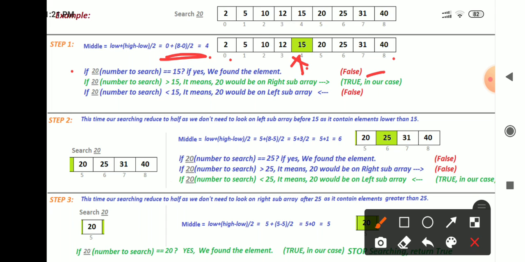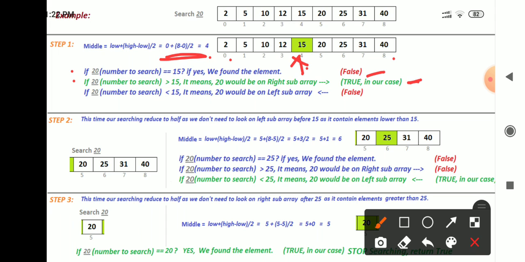So 20 is not equal to 15, which means we have to search for less or greater. Now we check the second condition: is the number to search, 20, greater than 15? Yes, it is true. So we have to go for the right side of the array.